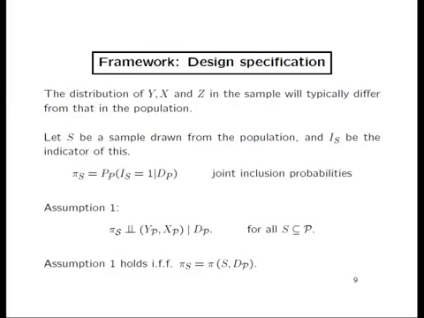Okay, so we then make a couple of assumptions, non-trivial but interesting from a methodological standpoint, about the relationship. The key thing here is how we're going to make progress on this design, which we might not necessarily know. How can we get some traction on it? We make the assumption that the pi_S are conditionally independent of the outcome variable and the covariates in the population of interest, given the design variables. Now let me just take a step back.